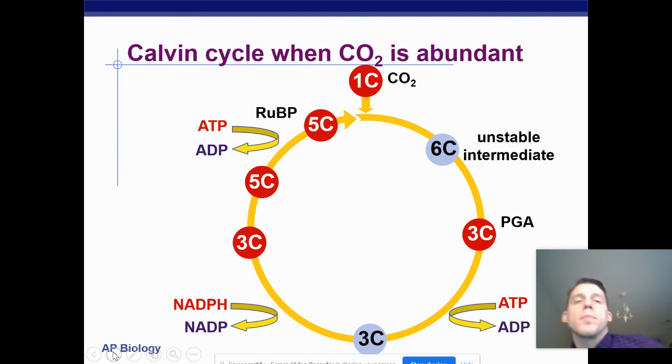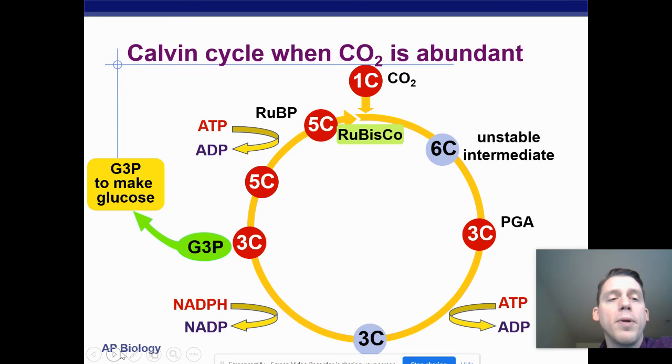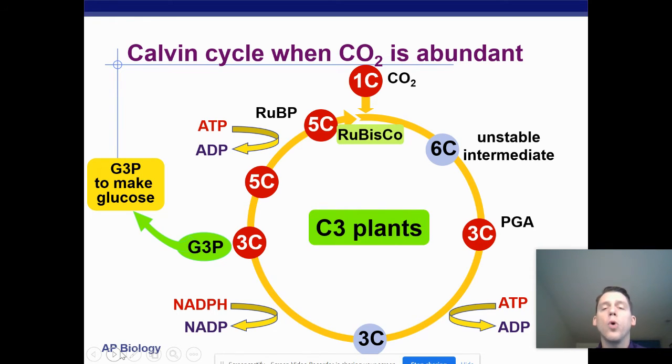So normally, when CO2 is abundant, this picture is just showing us the Calvin cycle. The Calvin cycle happens and we build sugar, and that's exactly what should happen. This goes carbon and we make glucose. This is what should happen. This normally happens with what we consider normal plants. These are called C3 plants, and most of the plants you would find around you are C3 plants.